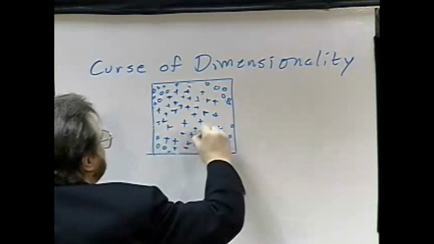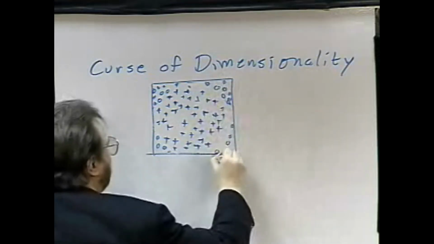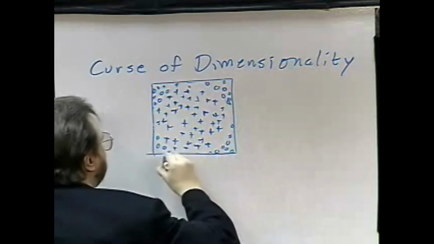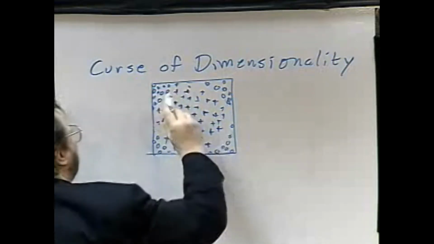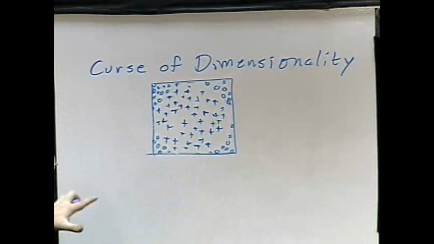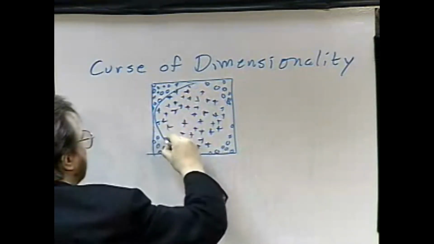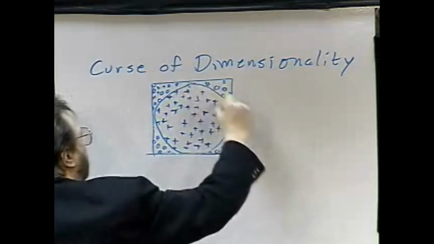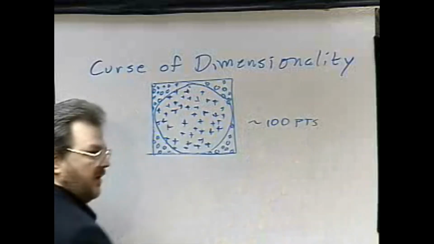And then we ask ourselves, for this simple two-dimensional problem, how many points do we need randomly spaced before we can say, this corresponds to a circle within a square? I don't know, but I'm going to hazard maybe 100 points. Just for purposes of discussion, let's say 100 points.